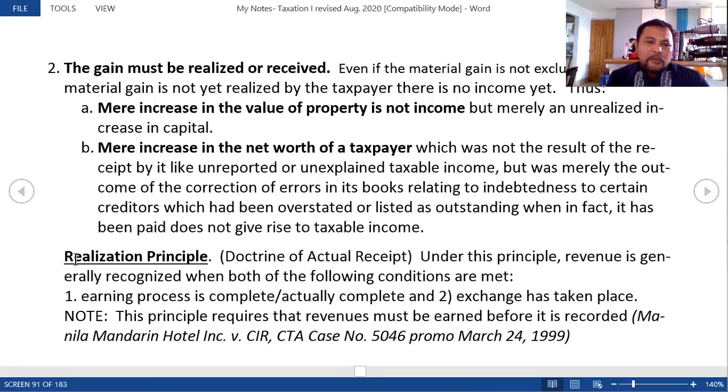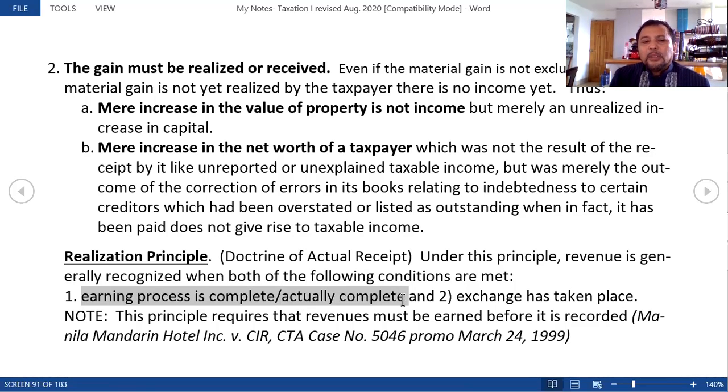This is under the principle of realization or the doctrine of actual receipt. Under this principle, revenue is generally recognized when both of the following are met. Firstly, the earning process is complete.